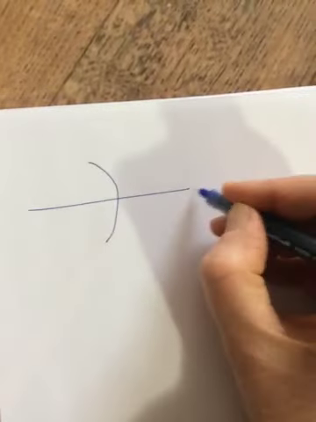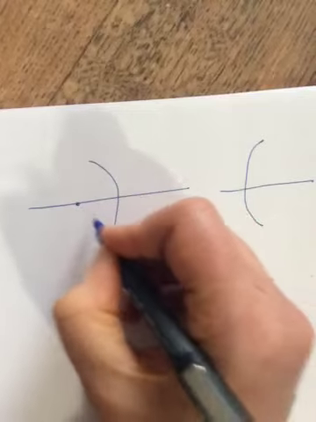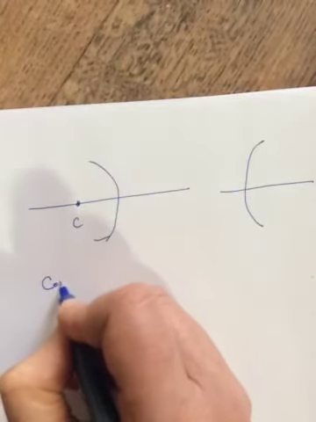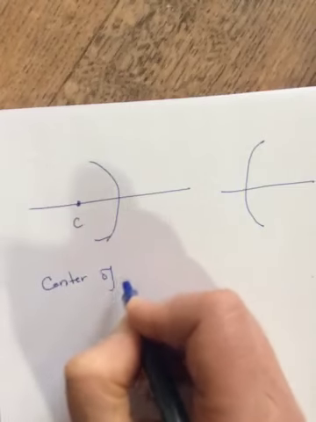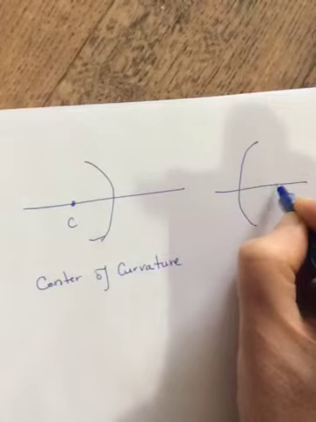I need a new piece of paper, so I need to redraw it. This spot, I know it's not as curved now, which is called C, is known as the center of curvature. So is this one.